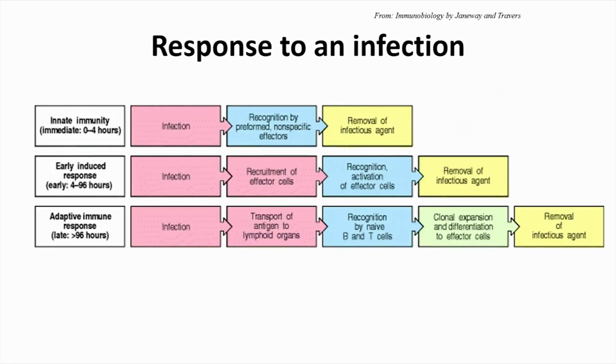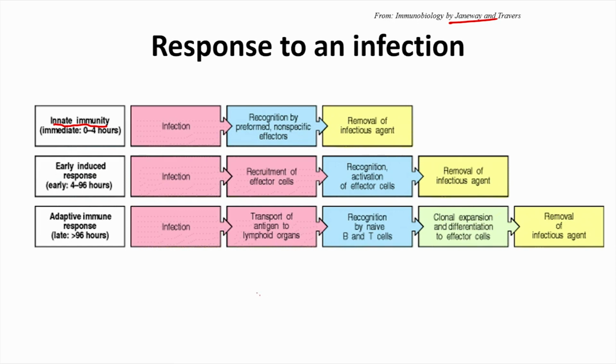So, what is a response to an infection? Again, this is from the Janeway book, and the response to an infection involves various durations. The very first response is from the innate immunity. We will discuss this in a bit, but innate immunity is something that the body already knows is pathogenic.